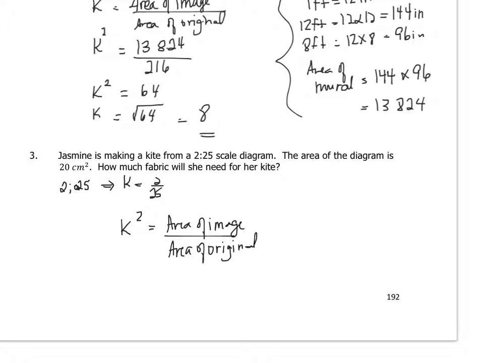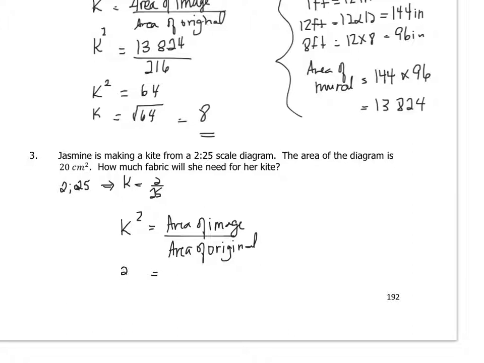then in this case our original is our kite, because if we're using a scale factor of 2 to 25, that means we're reducing. So our diagram is actually going to be the smaller thing. Your diagram is going to be your image. So we can replace the k squared with what we know k is.